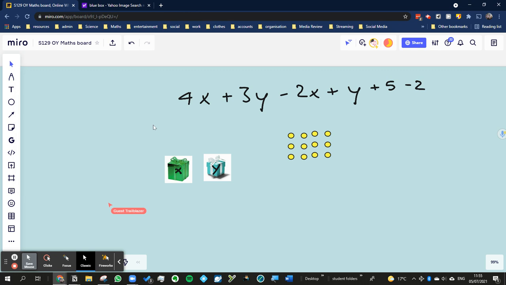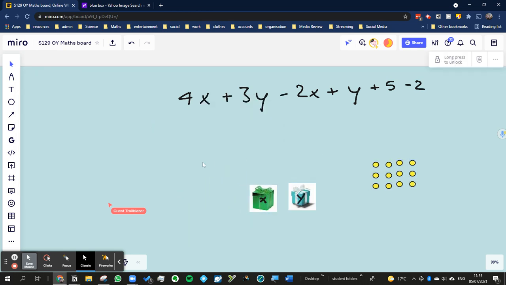So now we can get a sort of representation, a diagrammatic representation of what we see here, of what's written down. So we just need to understand the operators, which is the plus and the minus. So plus means just give me that many, and minus means taking it away. So let's go from left to right.